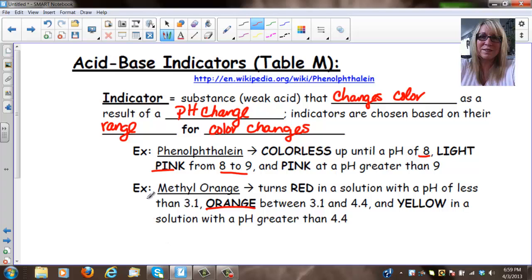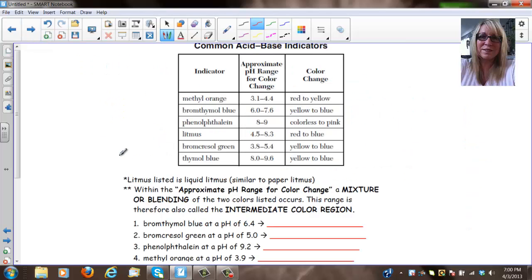Well, let's look at some of these. So here's my indicator table, and I want to just explain briefly how this works. So here's your range, 3.1 to 4.4, red to yellow. What this means is 3.1 or less, and the solution will be red. 4.4 and greater, the solution will be yellow.